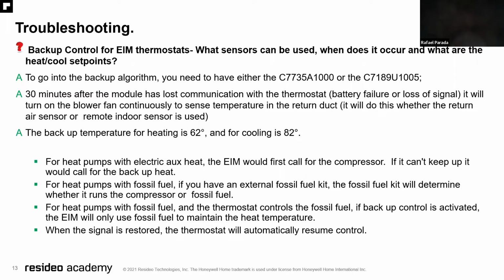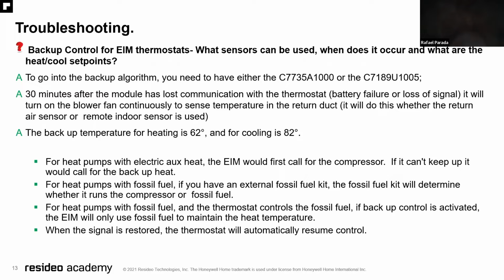If the EIM was configured by the thermostat for a heat pump with electric backup heat, the EIM is going to run the heat pump as the first stage of heat and, if necessary, will call for the backup heat to accomplish the temperature setting. If we have a fossil fuel backup heat, the EIM is going to run only the backup heat, only the gas or oil furnaces, if we don't have a fossil fuel kit.